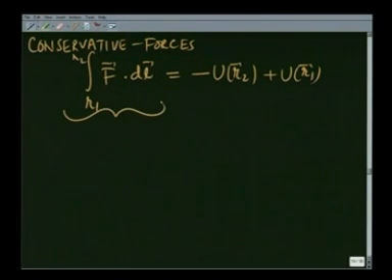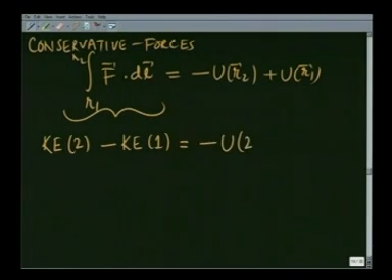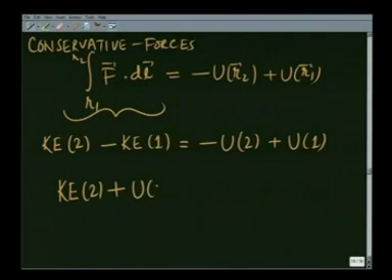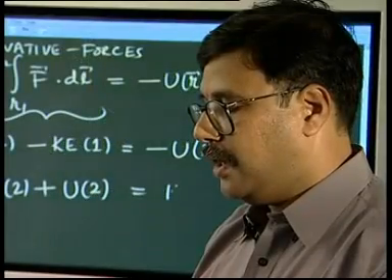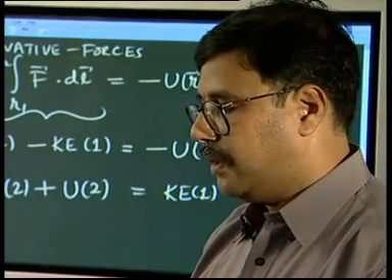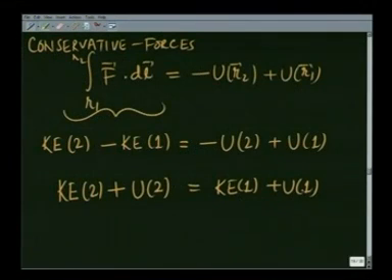This by work energy theorem is nothing but K E at point 2 minus K E at point 1, and this is going to be equal to minus u at point 2 plus u at point 1, and if I reshuffle, I immediately get that K E at 2 plus u at 2 is equal to K E at 1 plus u at 1.